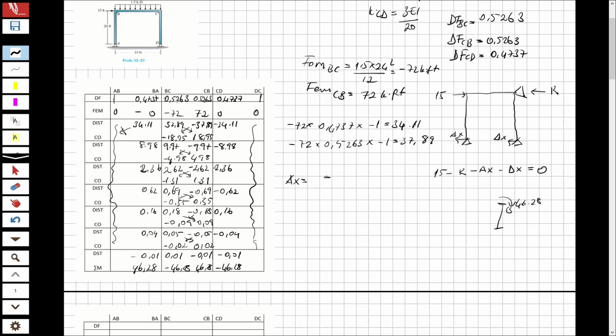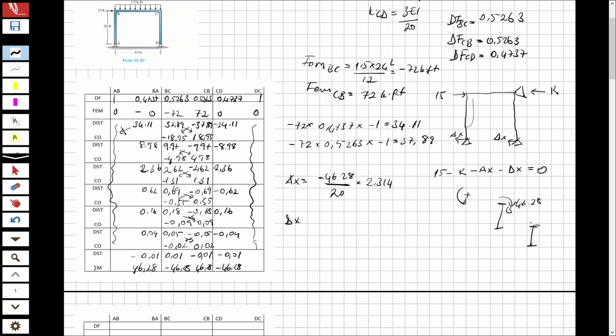And when I find this one, I'm going to take minus 46.28, because this is the negative for me. I take the counterclockwise direction as positive, over the length of this column. What is the length of this column? 20. And this AX will be equal to 2.340, okay?